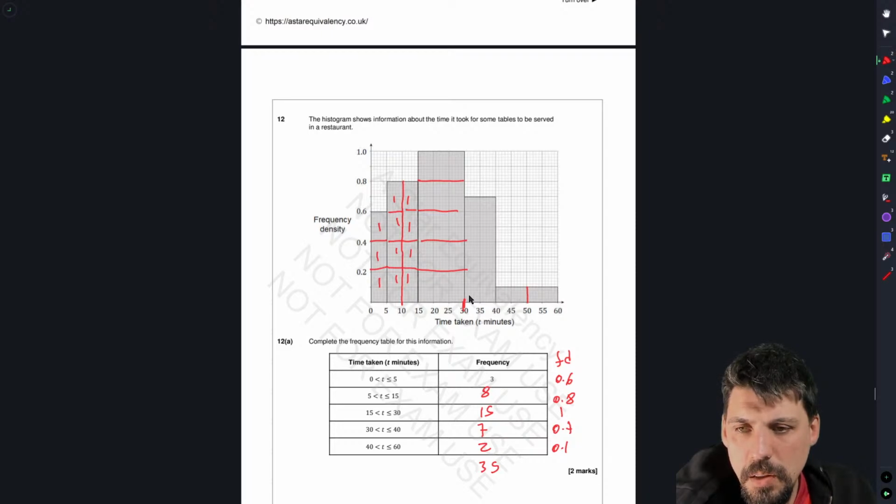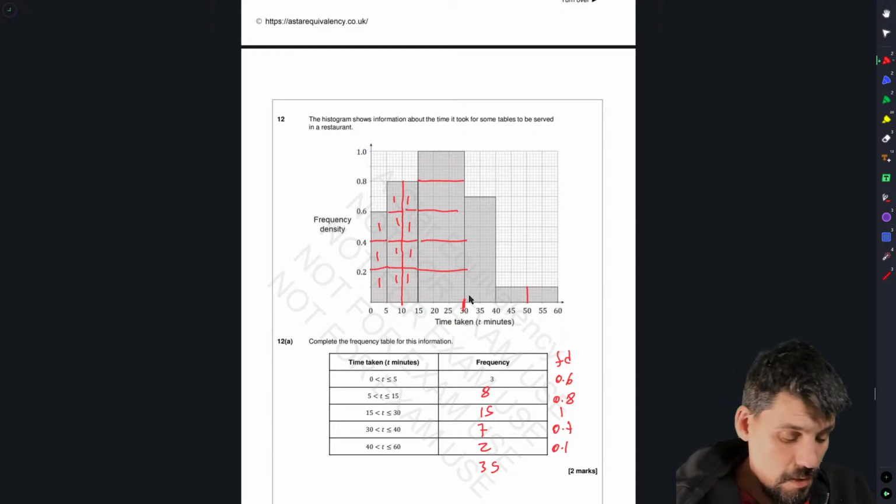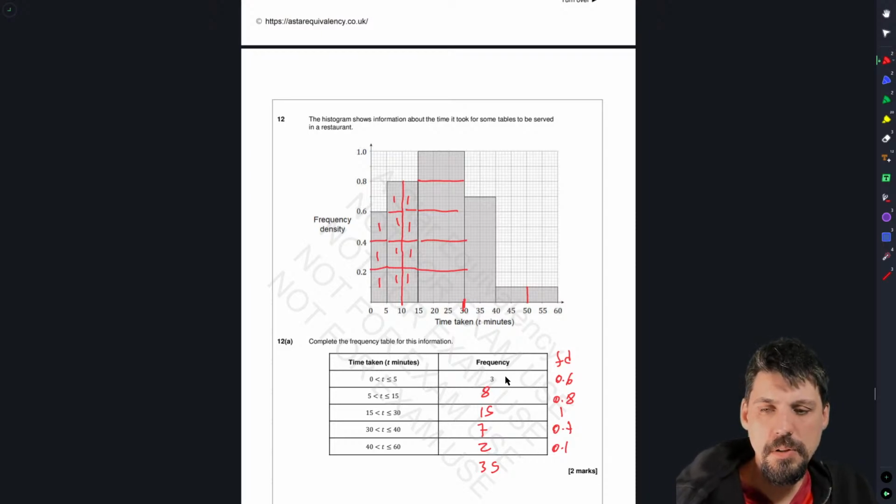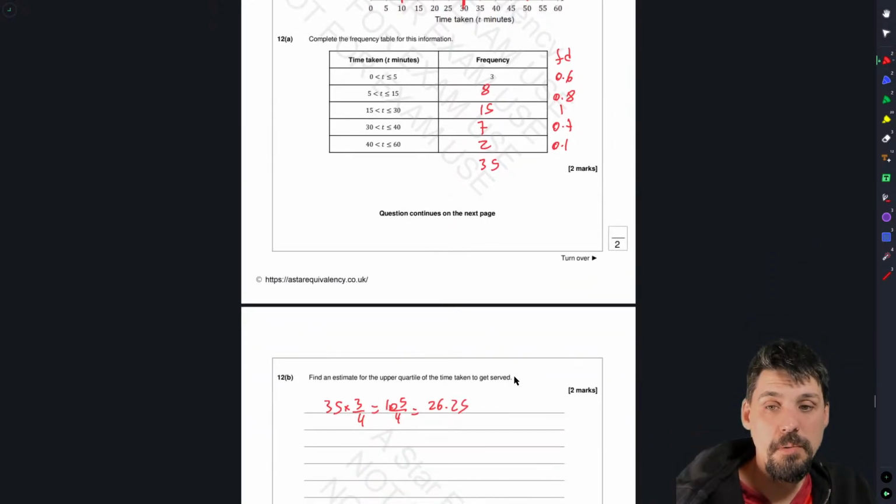3, 3, 3. It's 15 in that one. 1, 2, 3, 4, 5, 6, 7. Yeah, that's 35. 26.25. 11 plus 15. The maths hasn't changed, so I need 0.25 in that one. So this could be where, do they do n plus 1 over 4 times 3? Because that would make more sense.